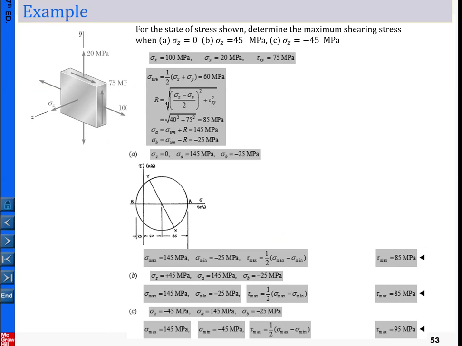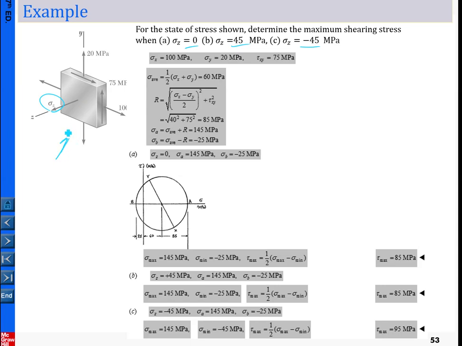So this is a very quick example. Here we simply ask you to exercise by repeating our previous example for 3 different possible values of sigma z: 0, 45, and minus 45, and you simply repeat building the 3 circles again from their principal directions.